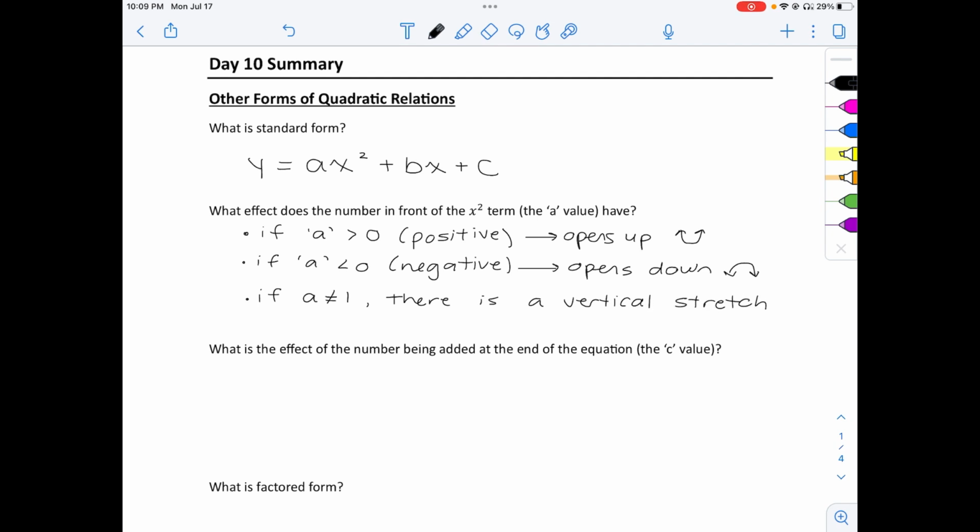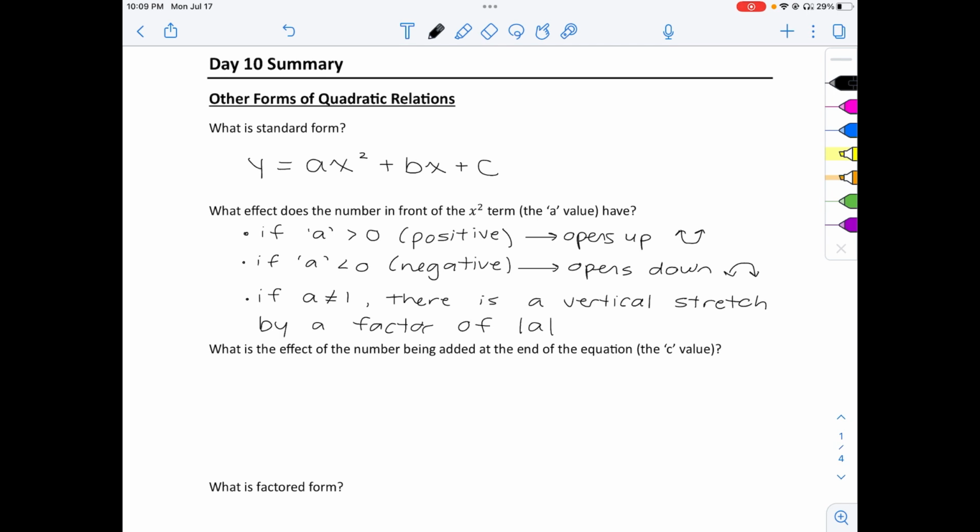So vertical stretch by a factor of the absolute value of a. Okay, and what that means is just the positive value of whatever a is. So if a is -6, let's say, the negative tells us that it's opening down, it's reflected over the x-axis, and the 6 is telling us that there's a vertical stretch by a factor of 6.